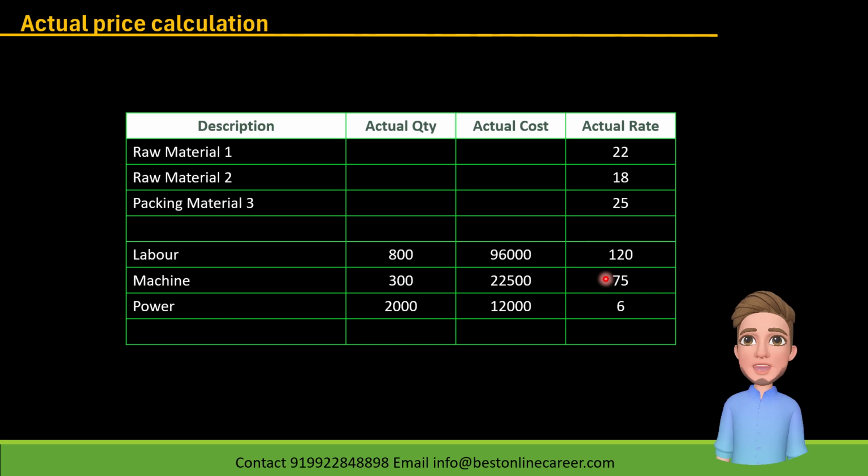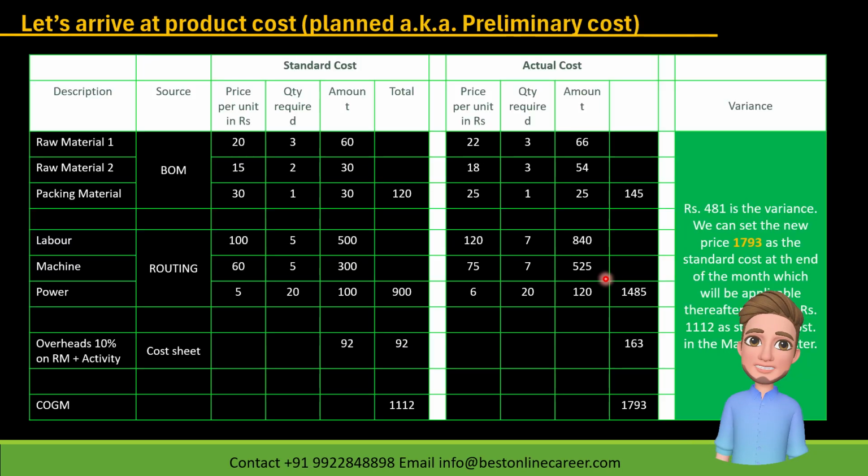Fair enough. Now let's apply it to what we have produced, that one single unit. The standard cost that I have already shown you is 1112. Fair enough. Then let's apply the actual cost. Now you consume 3 units, but your revised material price is 22.